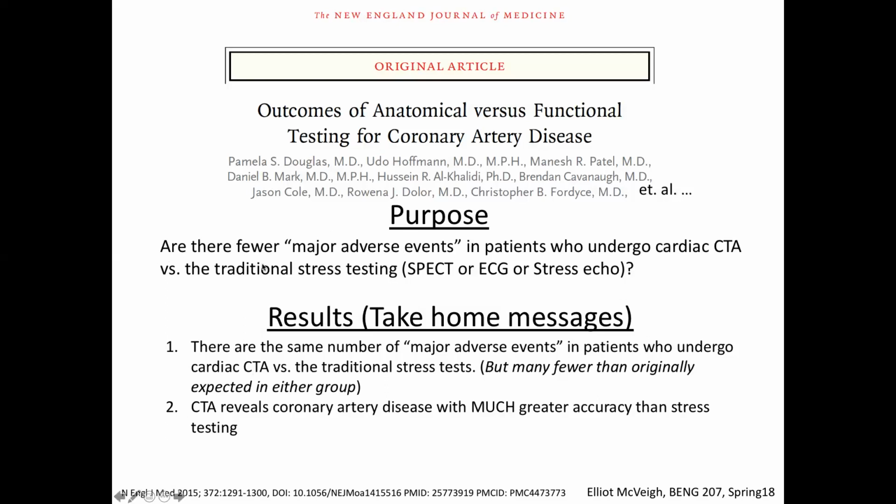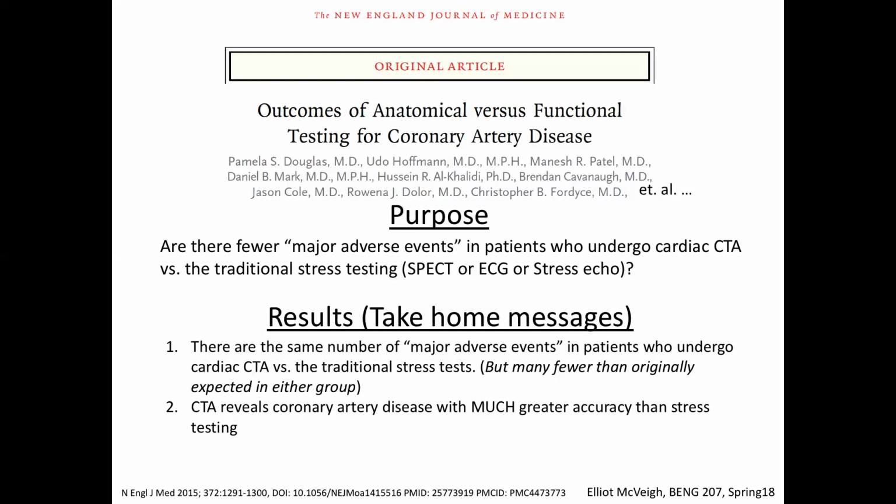The primary question: are there fewer major adverse events? We're going to define that. In patients who undergo the coronary CTA versus SPECT. It's mostly SPECT in this trial, which is traditional stress testing. We say traditional because 10 million of these are done a year.